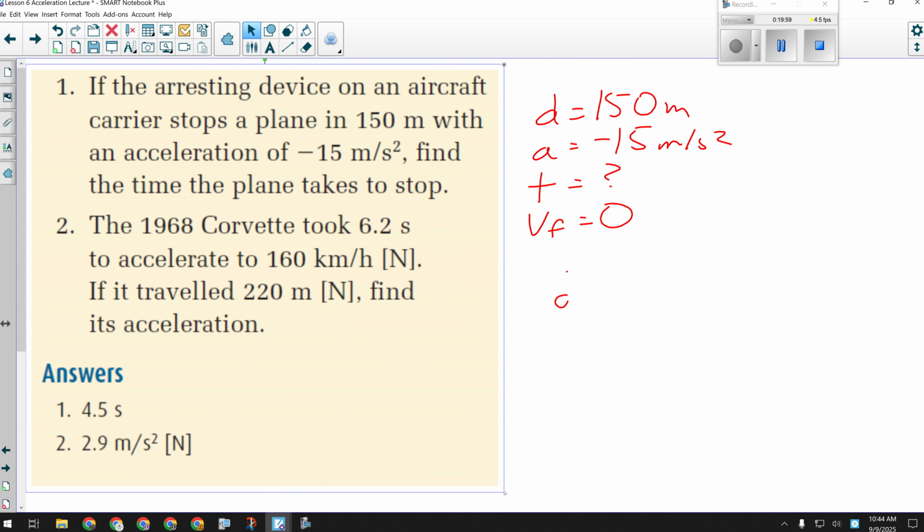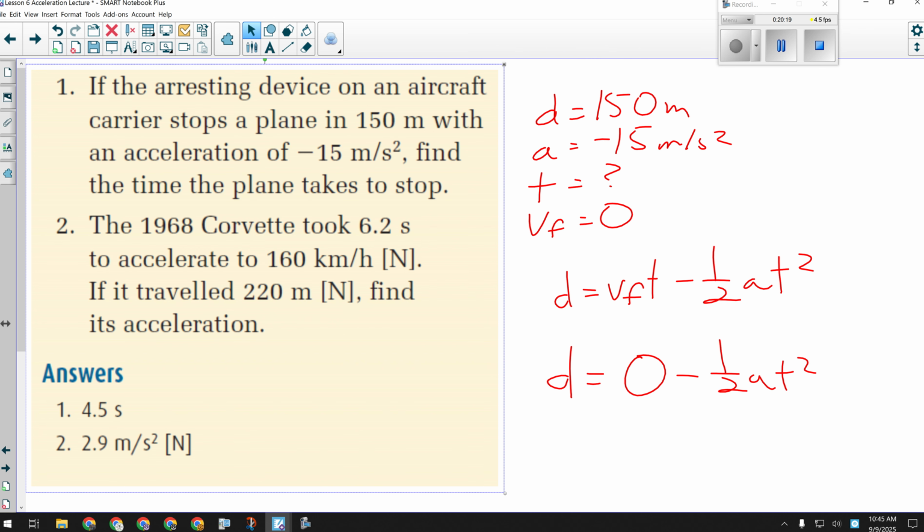So we've got d equals vf times t minus 1/2 at squared. Since vf is 0, what's vf times t? 0. So I substitute that and go 0 minus 1/2 at squared. Is that going to make my life a little easier solving for t? Because now I only have one t to solve for.